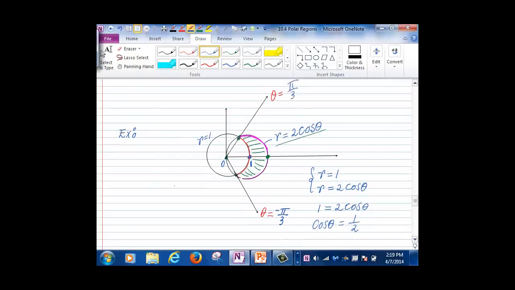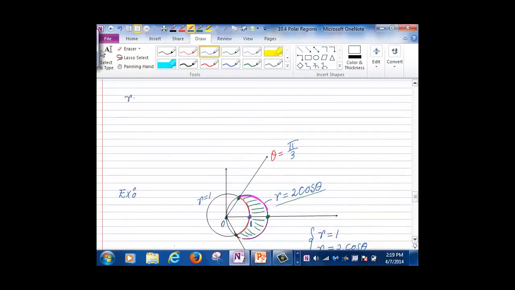So you can analyze how to check that the curve is traced out. Here we're looking at r is 2 cosine theta. All I care about is what's happening between negative pi over 3 and positive pi over 3, with 0 right here.